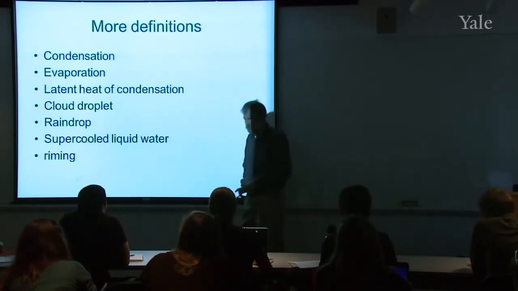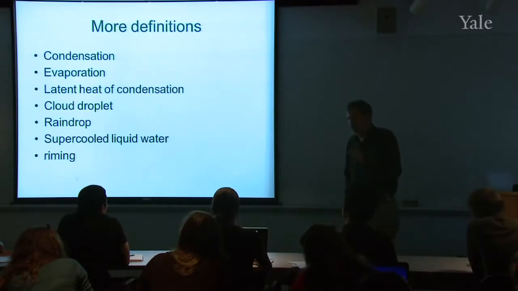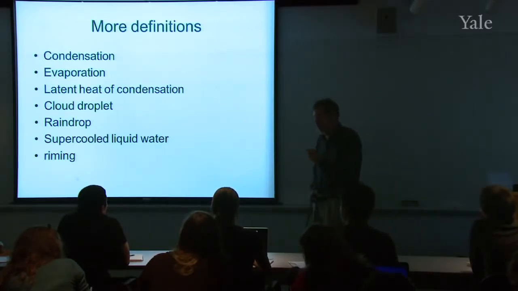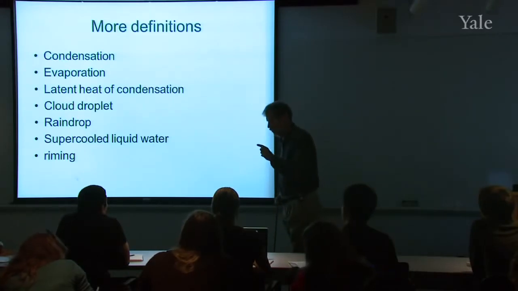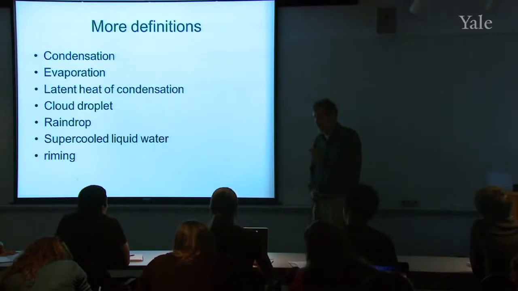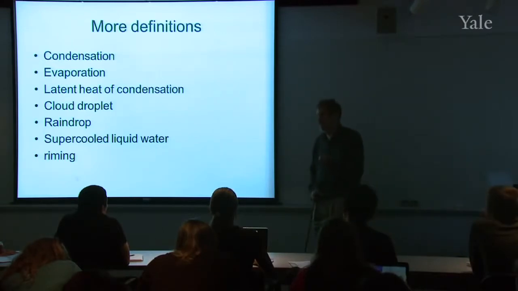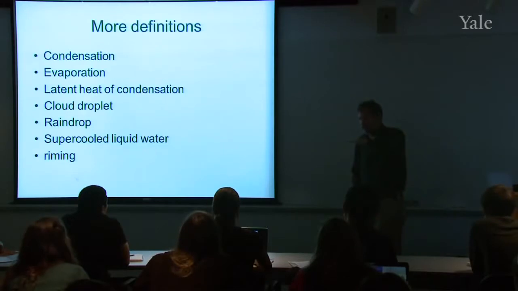Supercooled liquid water is liquid water that has been cooled down below the normal freezing point. The freezing point for fresh water is 0 degrees Celsius. And yet in the atmosphere, we often find liquid water at temperatures of -10, -20, even -30 Celsius. It's in the liquid state, and yet it is below the normal freezing point of water.